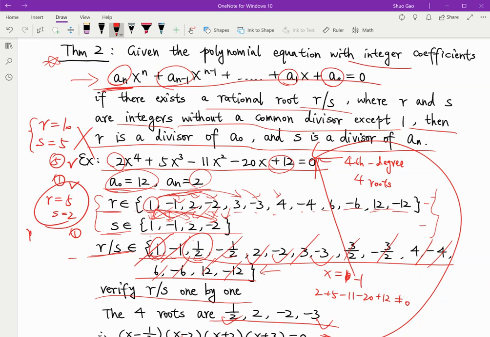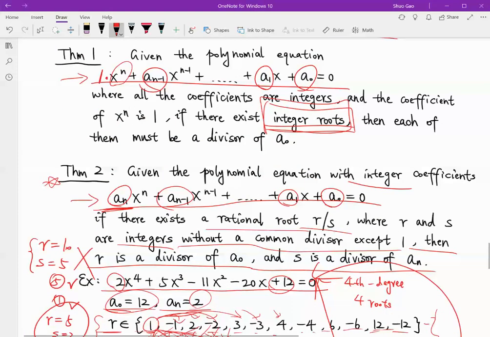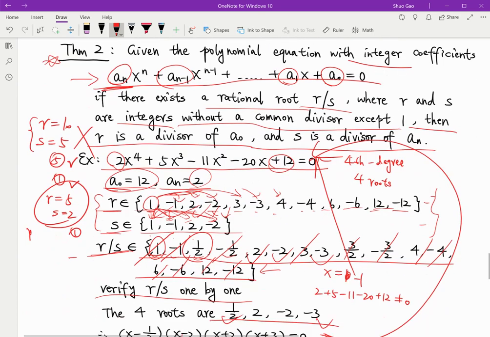So theorem 2 is more general, and theorem 1 only applies when the coefficient here is 1, and only applies for integer roots. If there's no integer root, then you cannot find the solution using theorem 1. But since all of the roots in this course should be rational roots, you can use theorem 2 to find all the roots for the equation.